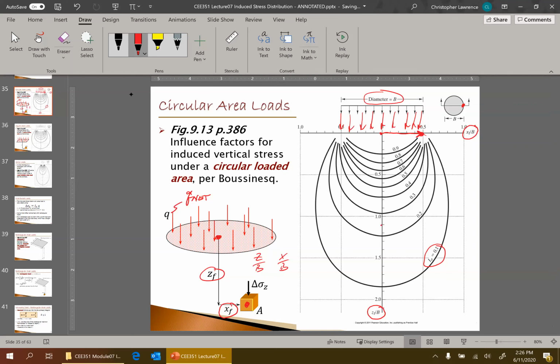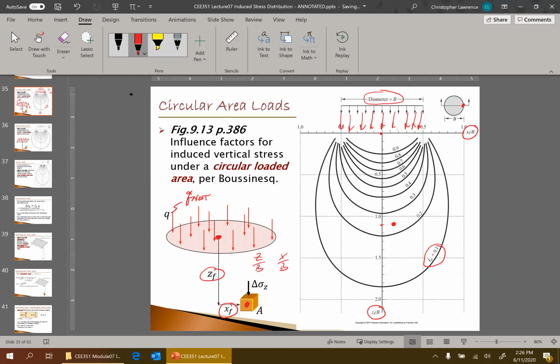And X over B, it doesn't matter whether you go left or right, it's the same stress. My X over B happens to be 0.2. So right about there. My Z over B is 1.1, my X over B is 0.2. That gives me a point right there.